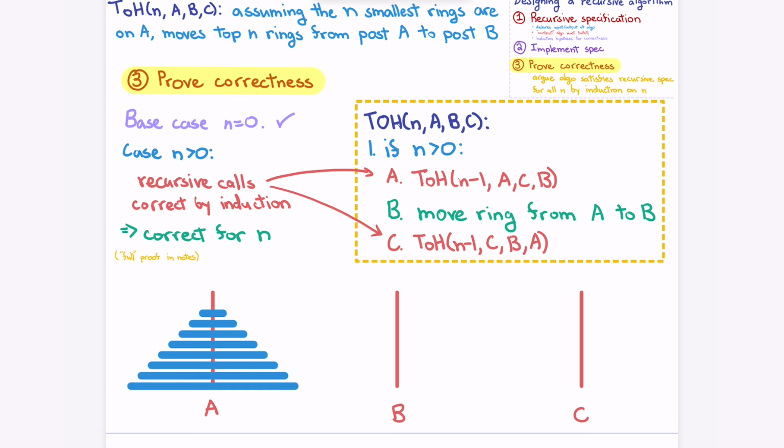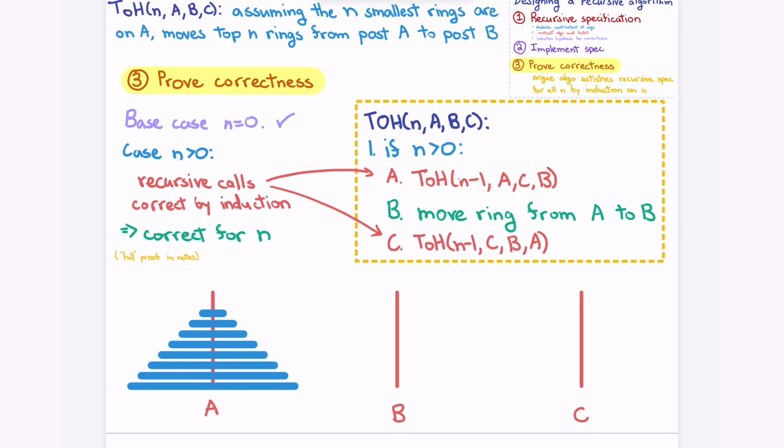For a complete argument, we also need to say that in step C, we know that the n-th ring is larger than the n minus 1 ring. Yeah, so there are a few paragraphs written in the notes. For a full sentence you might want to set up something like: if I look at the top n minus 1 rings, they give you an n minus 1 ring Tower of Hanoi problem, because the n-th ring is bigger than everything else.